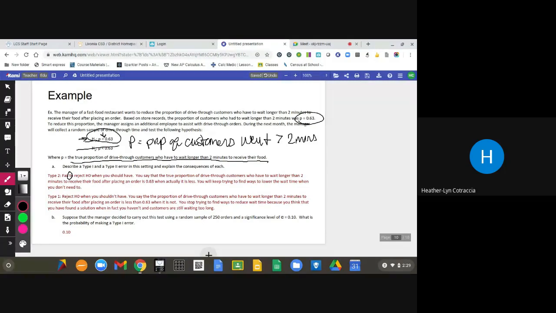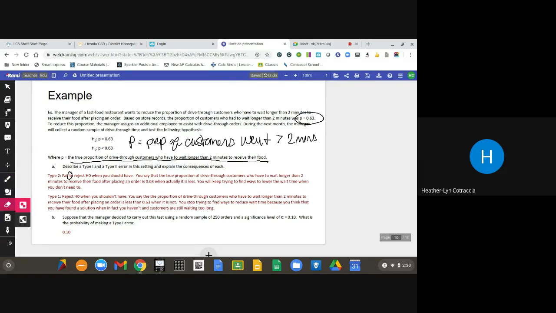It stayed 0.63, when in fact it did decrease. That's what it says down there in the red if you want to write that. The consequence is that you're saying it hasn't changed, so the manager is going to keep looking for different strategies. They'll maybe move that extra person to another location and try something different when the strategy was working. They did decrease the time, but they had made an error. So that's a type 2 error.